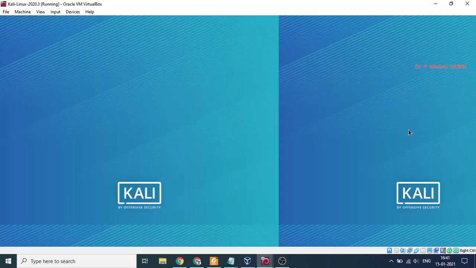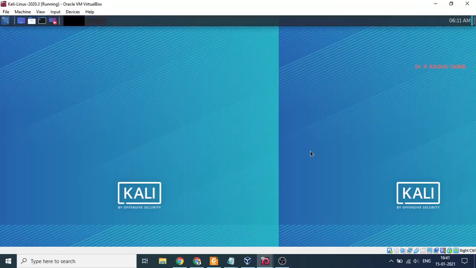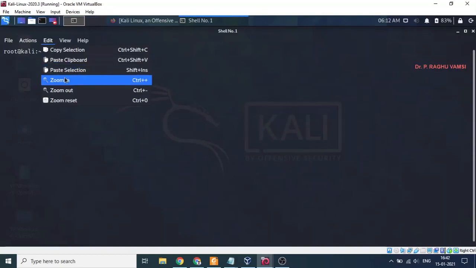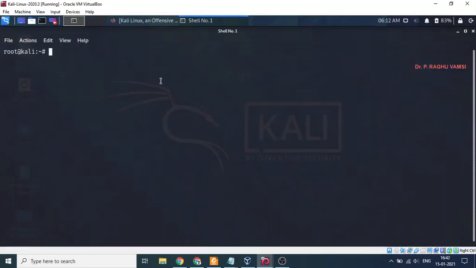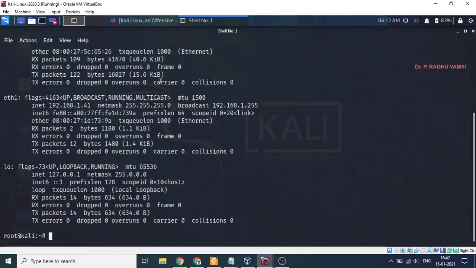So that is the reason you are supposed to enable both the things and include the IP address in the snort.conf, so that you can get both the network interface cards active. So how to know whether interface cards are active or not? ifconfig.